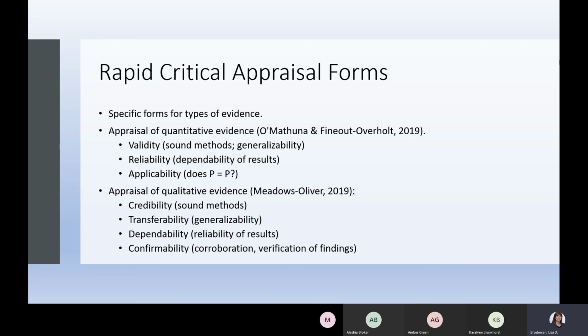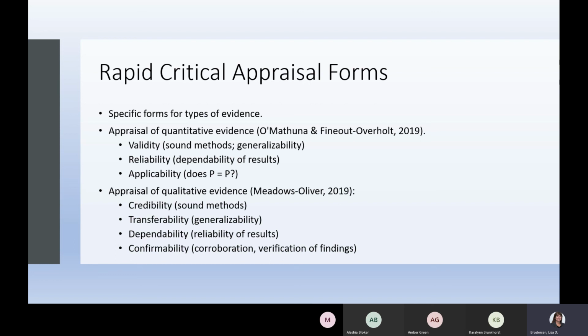Are the methods sufficiently reported so that you can determine how the data were analyzed and how conclusions were derived? And could those findings be replicated given the same or similar circumstances at some other point in time? And then lastly, for qualitative evidence appraisal, you consider confirmability, and that refers to whether the findings stem from the data.